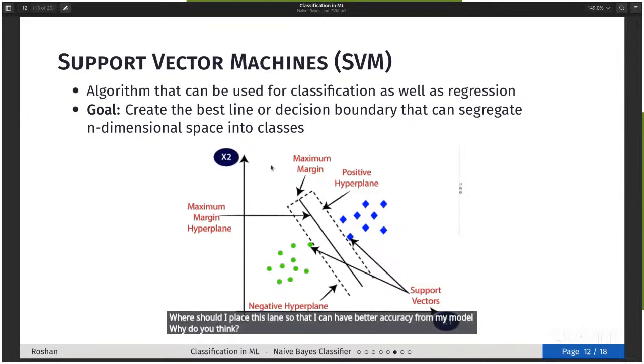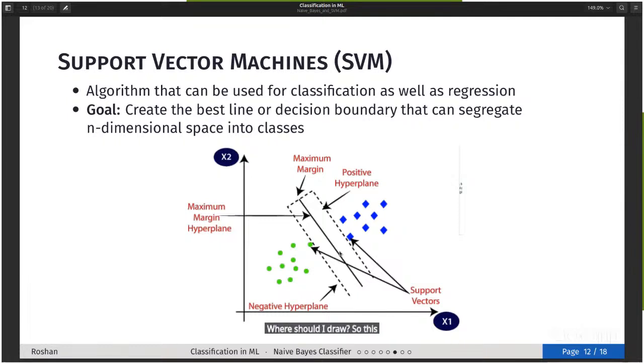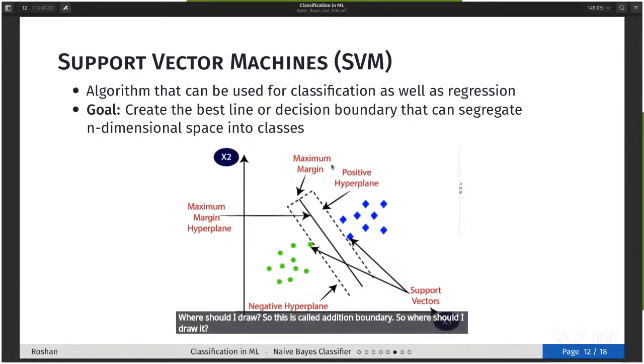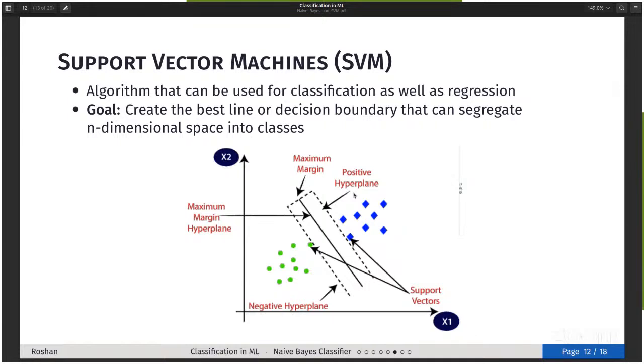So this is called a decision boundary. Just take a guess.